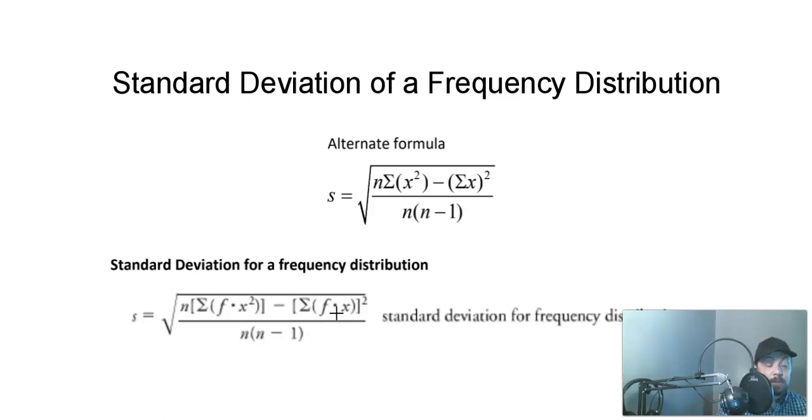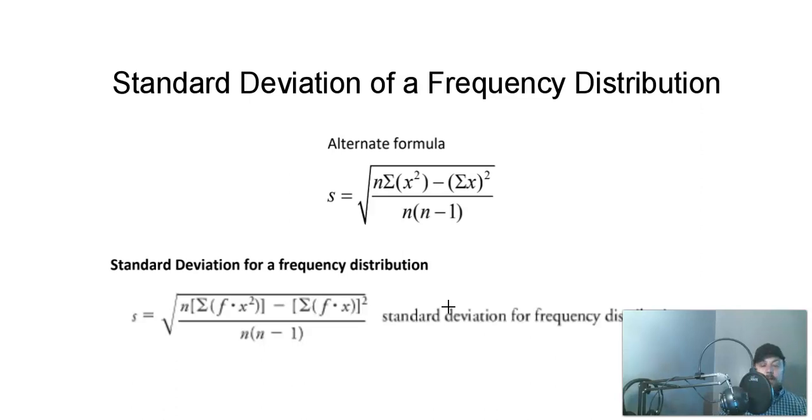This is an exercise that should be familiar because that's how we had to find the mean. So you take the frequency for each class times its midpoint, add all those up, and then square that result. And then you divide by n times n minus 1, take the square root, and that will give you an estimate for the standard deviation when you're working with a frequency distribution.